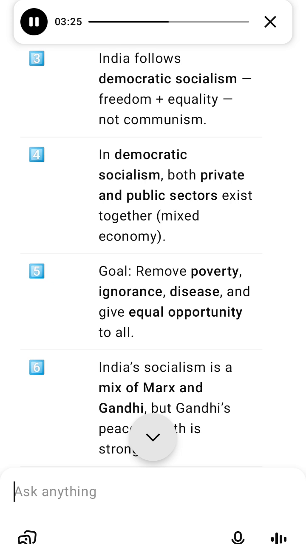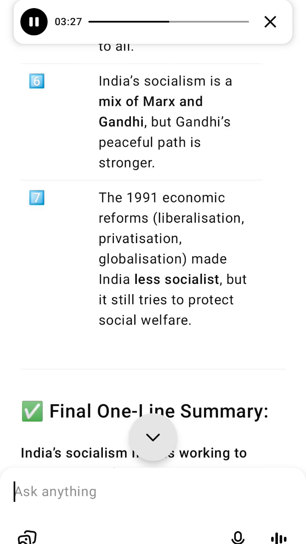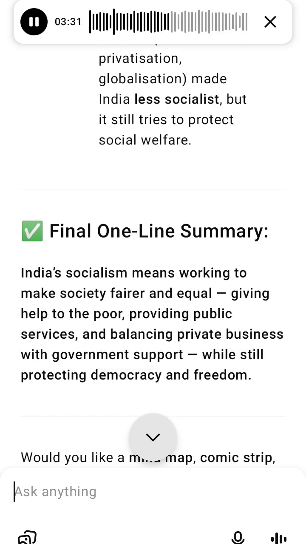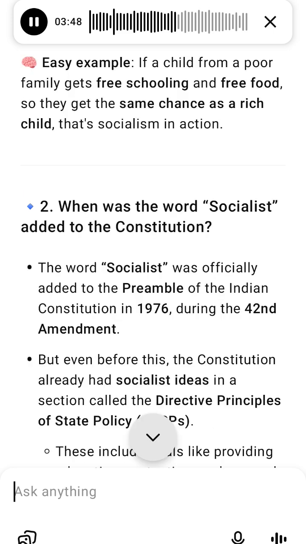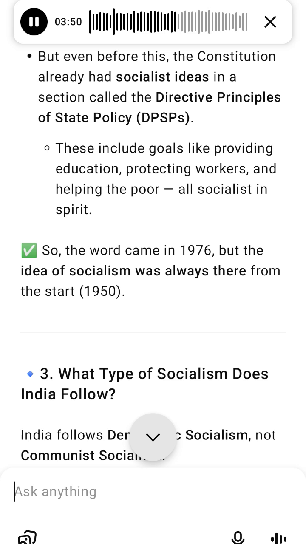8. Effect of the 1991 economic reforms. In 1991, India made big changes to its economy through 3 steps called LPG. 1. Liberalization: removed government controls, gave more freedom to businesses. 2. Privatization: sold many government companies to private owners. 3. Globalization: opened up to trade and investment from foreign countries.